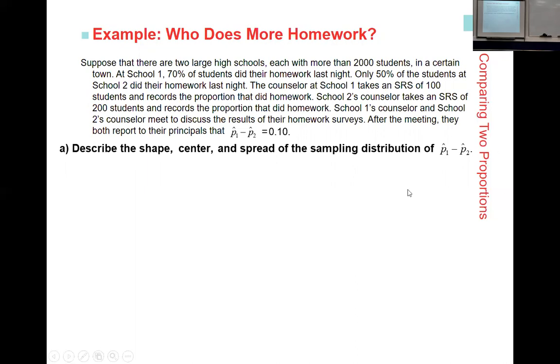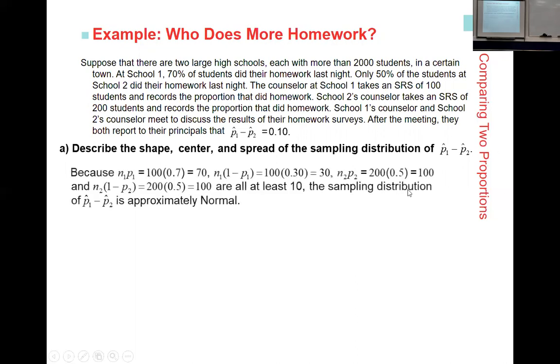So that should look like this. For school 1, there was 100 students sampled, and our P should be 0.7 for school 1. So that's our N times P. N times 1 minus P is 100 times 0.3. In school 2, we have 50% of the students, and we took a sample of 200.